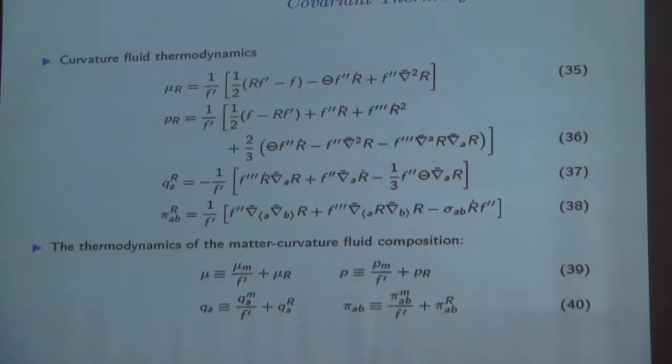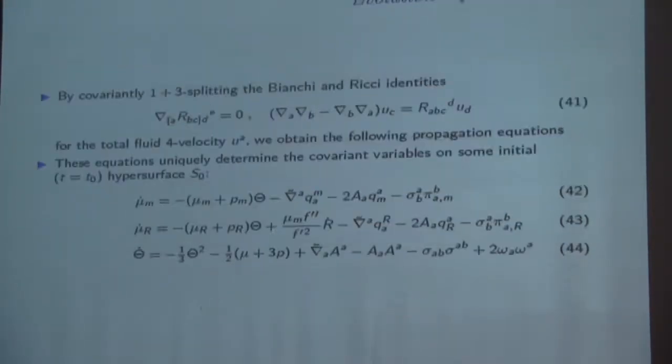The kinematic quantities provided by the curvature energy momentum tensor can be defined in this way, given to second order. And the total thermodynamical quantity can be given as the sum of the one provided by matter, including radiation, when I say matter, and the curvature fluid components.